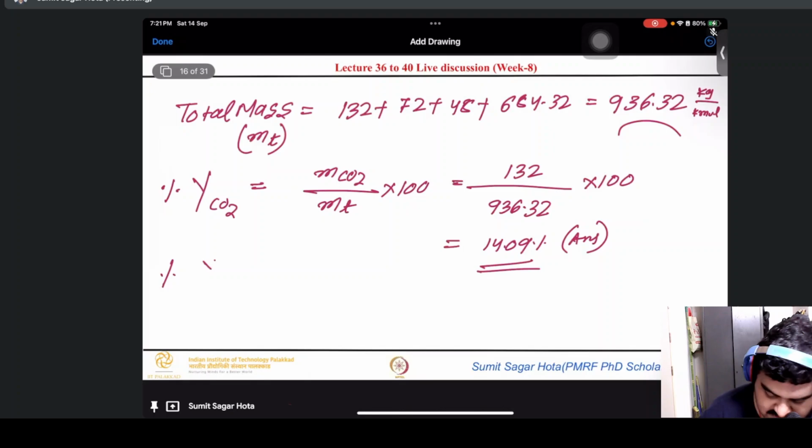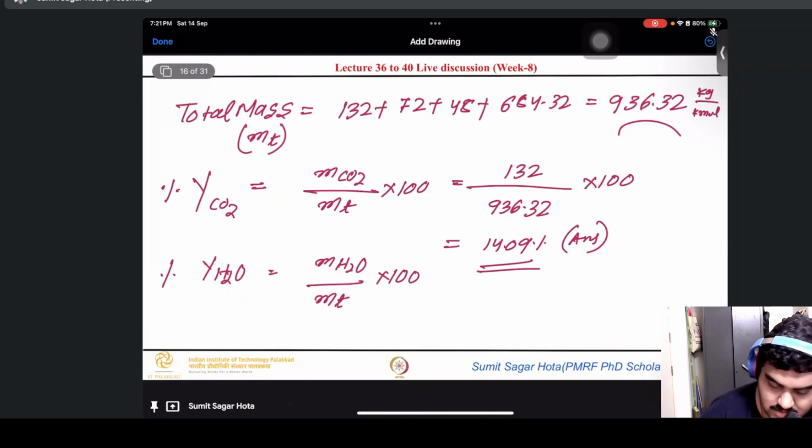Percentage of H2O is m of H2O over total mass into 100.